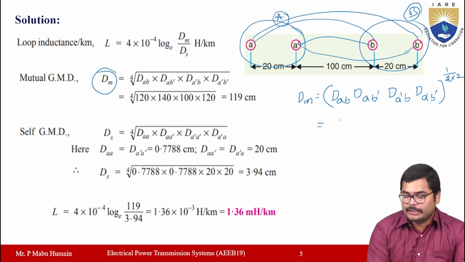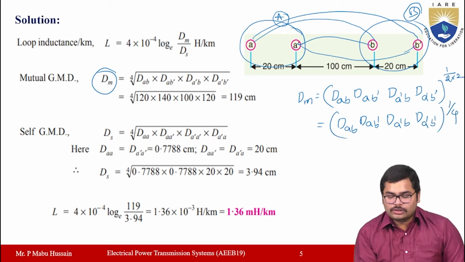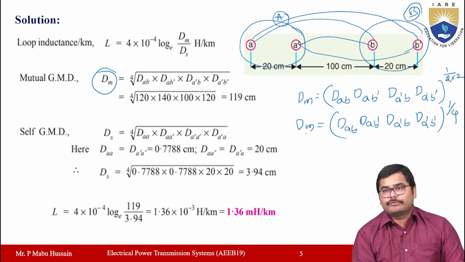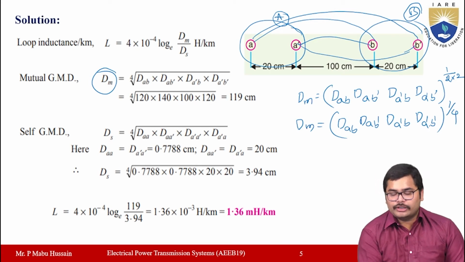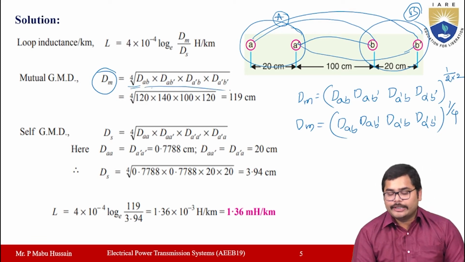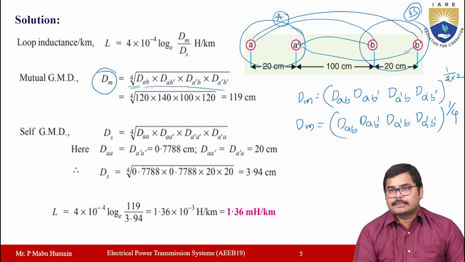So this will be DAB, DAB dash, DA dash B, DA dash B dash whole to the power of 1 by 4. So by using this expression, you can calculate the value of dm. Okay, so 1 by 4 is nothing but the 4th root of the total product.